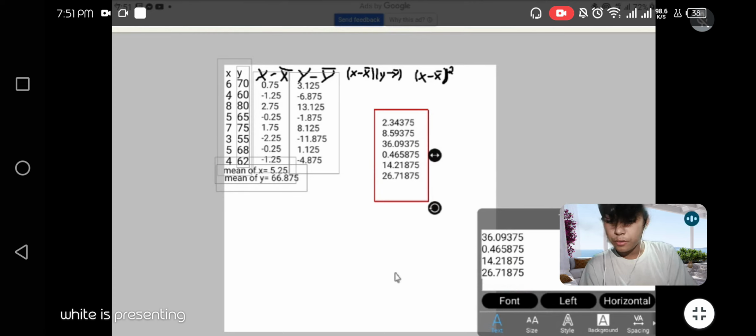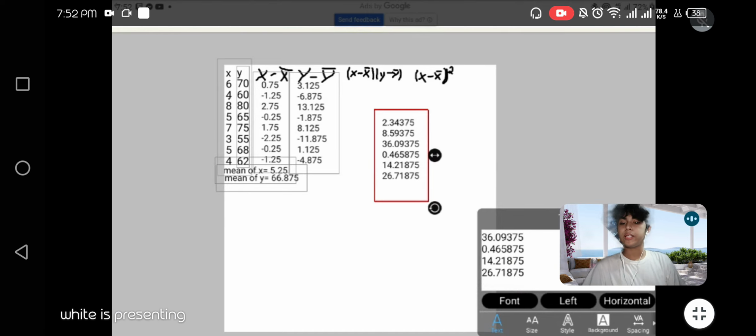negative 0.25 times 1.125 will be negative. Kasi why? Kasi pag times natin ang dalawang different symbol like positive and negative, it will be resolved to negative. Pag dalawa naman positive or negative, mag-equal siya sa positive.